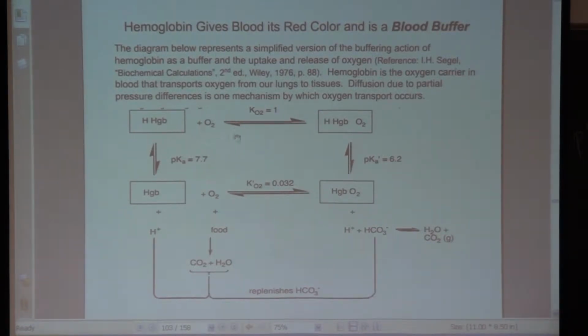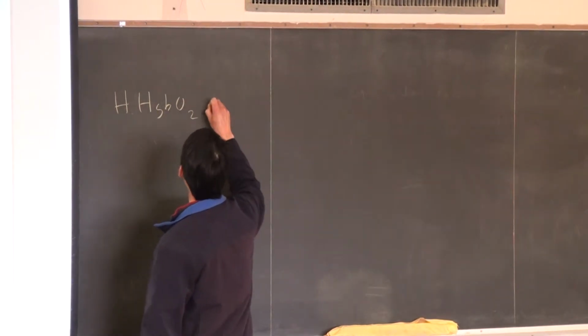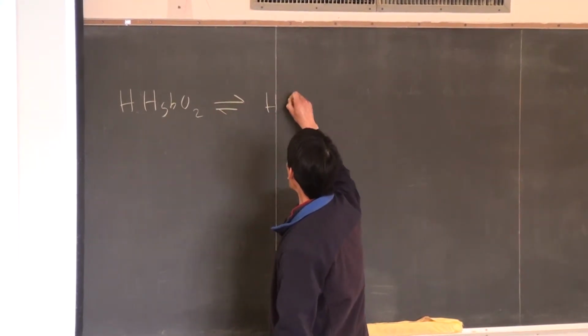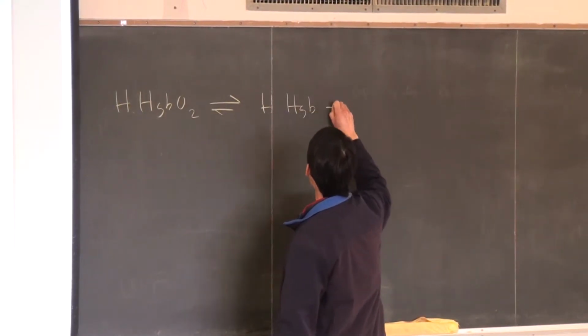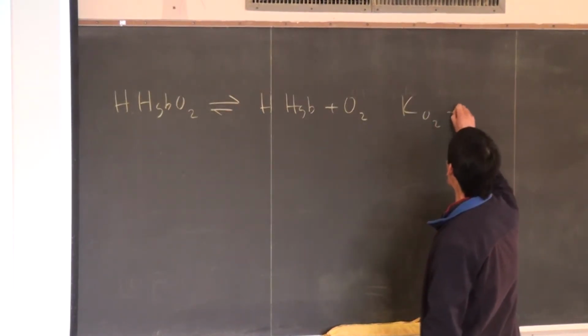So let's take a look at this reaction here. When the acid form of deoxygenated hemoglobin reacts with oxygen, it forms the oxygenated form. This is the equilibrium constant for this reaction. Now, actually, let me clarify this one, because that equilibrium constant actually represents the reverse of that reaction. So for this one, HHGBO2 to HHGB plus O2, K, we call this KO2, is equal to 1.